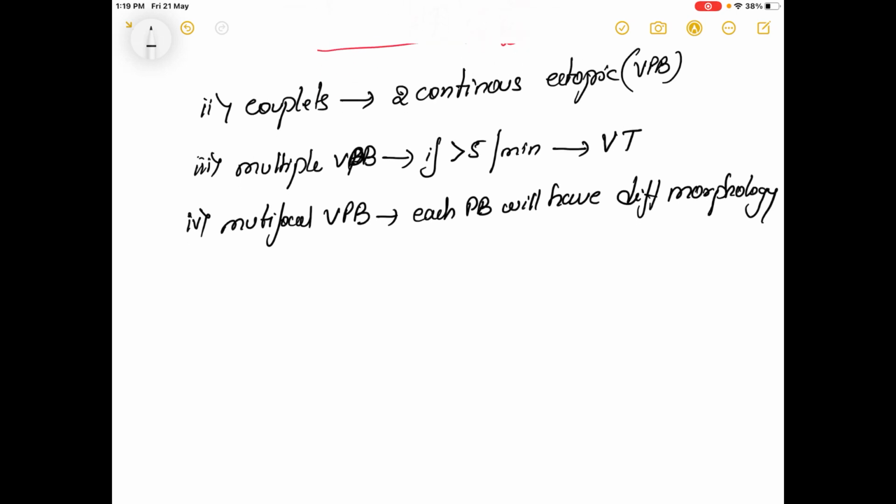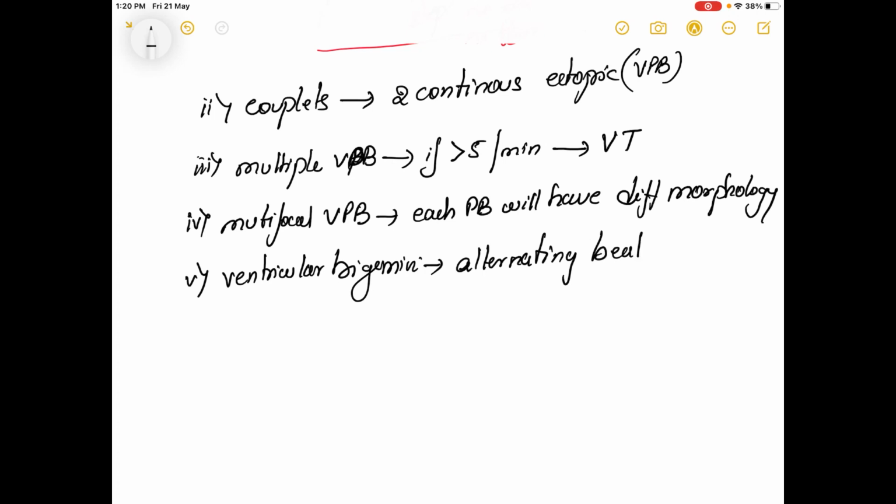Then ventricular bigeminy. Ventricular bigeminy is where every alternating beat is a premature beat.